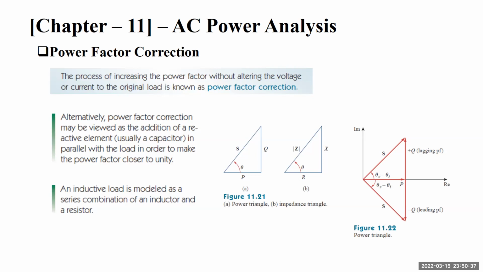An inductive load is modeled as a series combination of an inductor and a resistor. So for example, this is our inductive load. This is how an inductive load will look. This will be the resistor and this will be the inductor. So this load will have some useful power absorbed across this resistor.